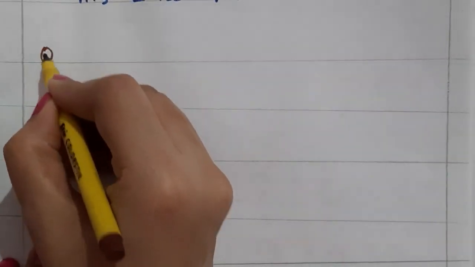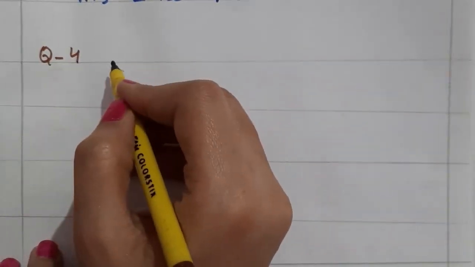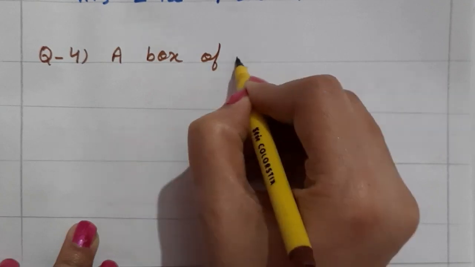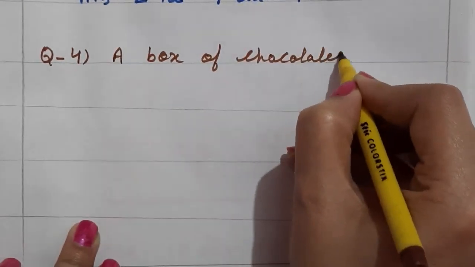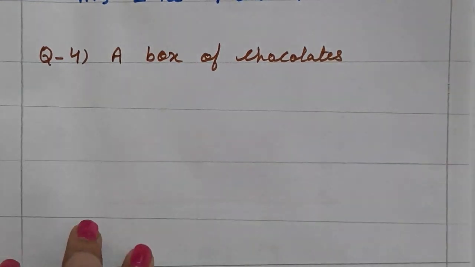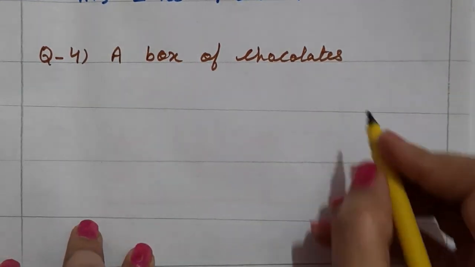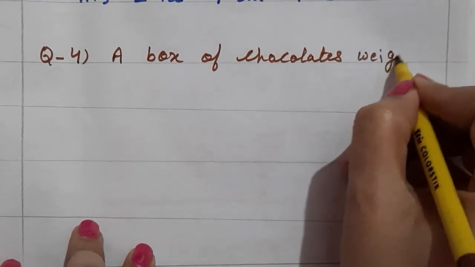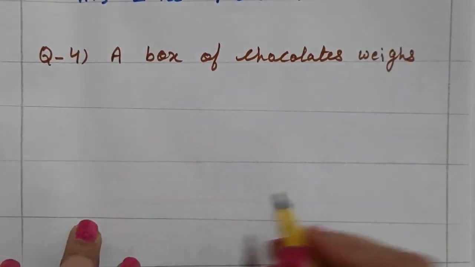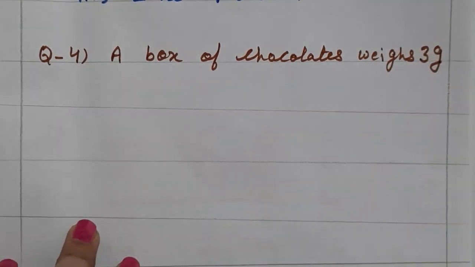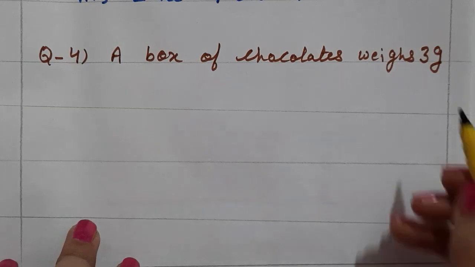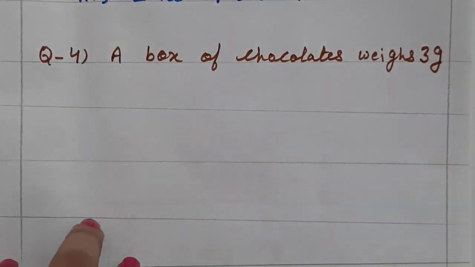Now our next question is question number 4 of exercise 1E. A box of chocolates weighs 343 gram.